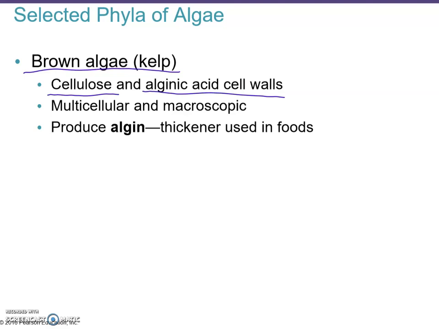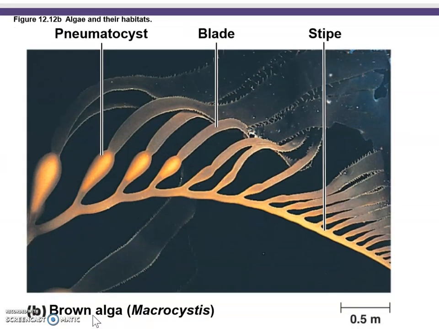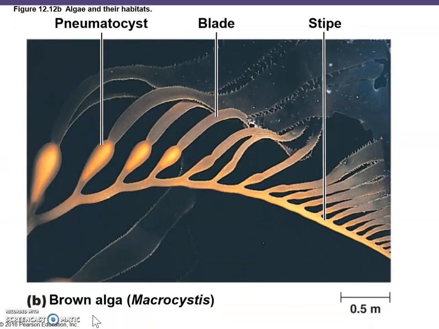The multicellular kelp is quite large and macroscopic, of course, because of their size. Algin is used as a thickener in foods, kind of like a gelatin-type substitute. And here would be a brown alga, Macrocystis. There you can see the blade, the stipe, and the pneumatocyst.